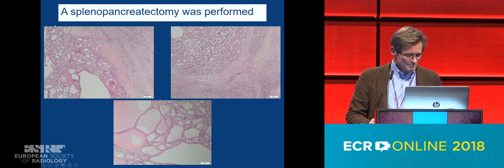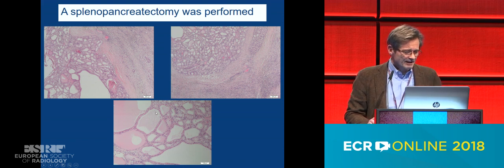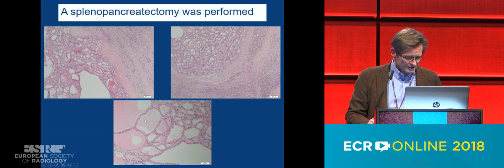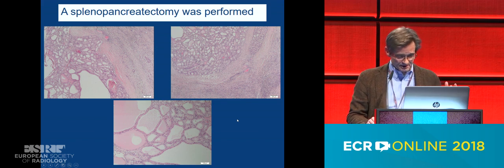And you see that this is mainly a cystic lesion with very small cystic cavities lined by a classical epithelium of a serous cystadenoma that was very, very uncommon since it presented with a solid pattern and in a man.